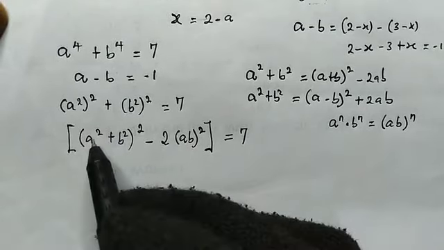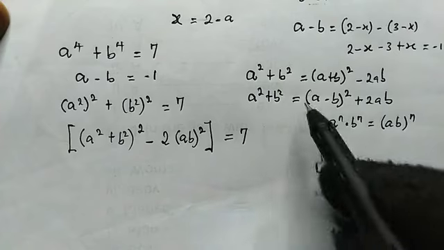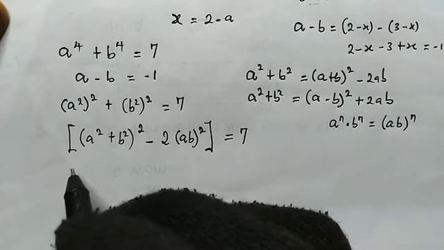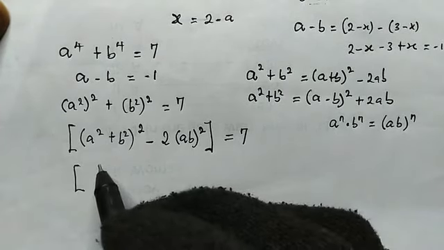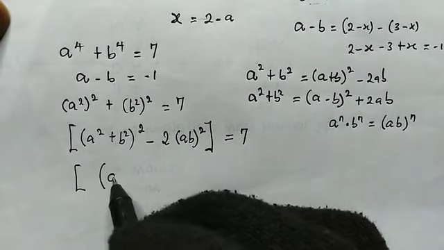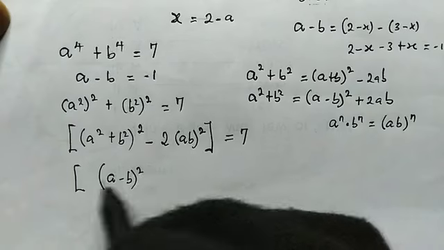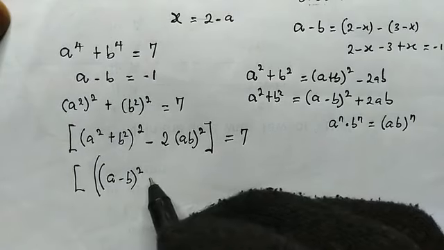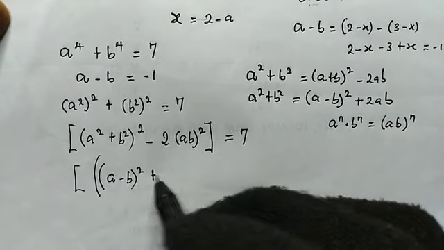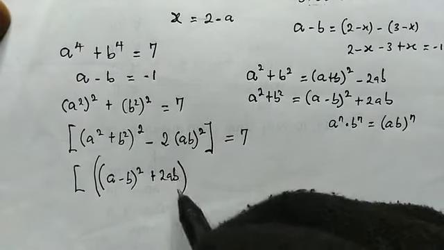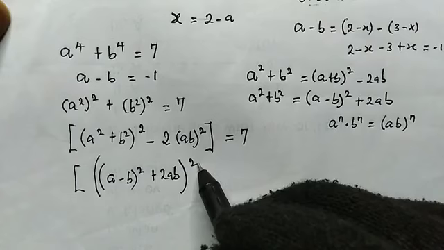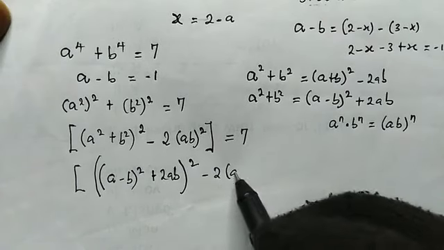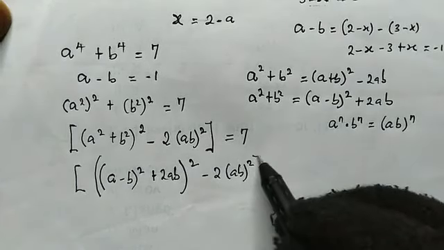Now, inside this bracket here, let us make use of this second identity here. So that will give us (a minus b) squared, then plus 2 times a times b. Then remember, we have a square here, then minus 2 into bracket ab squared.